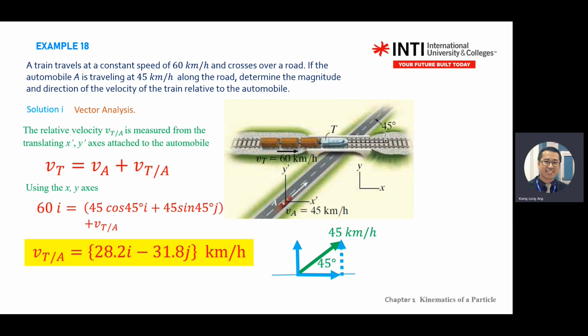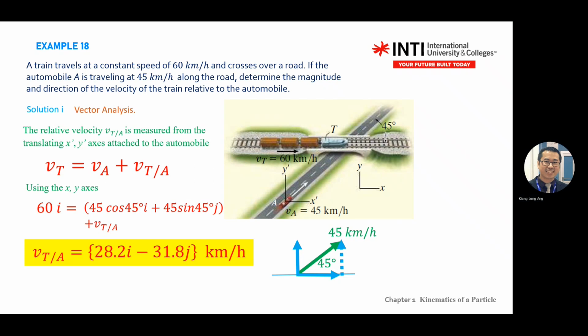How do you draw negative 31.8? What is the resultant of these two vectors? Like that, or you move this one to here. This is your resultant, and this is your angle.